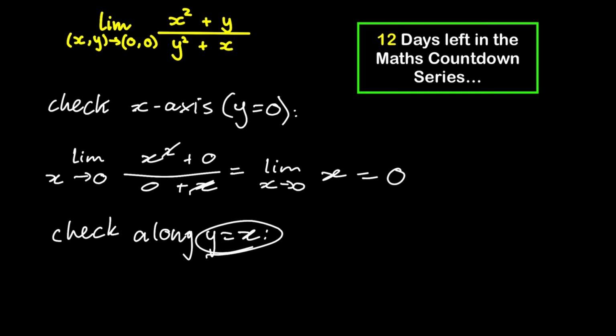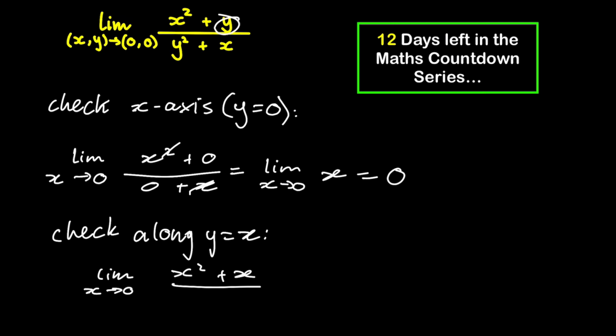So if we're testing it on y equals x, then every time we see a y, we substitute in an x. So we have the limit as x approaches 0 of x squared plus x over, because I substituted an x for that y, and now I substitute an x for this y squared, so I have x squared plus x.